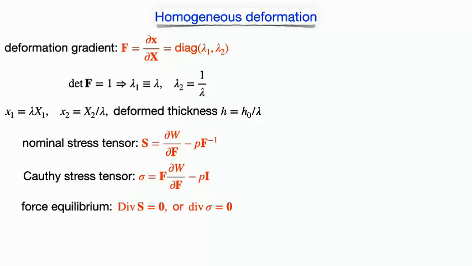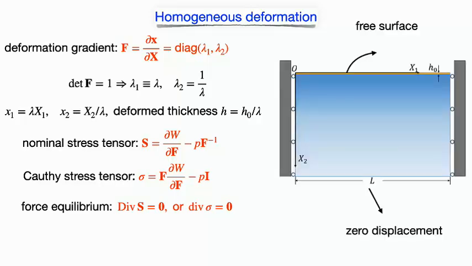And how can you solve this P? Because P is a Lagrange multiplier enforcing the incompressibility, you can solve this from the boundary conditions. For the top surface, we consider that it's free, so it's traction free. And because we consider a half space, at infinity we consider zero displacement.